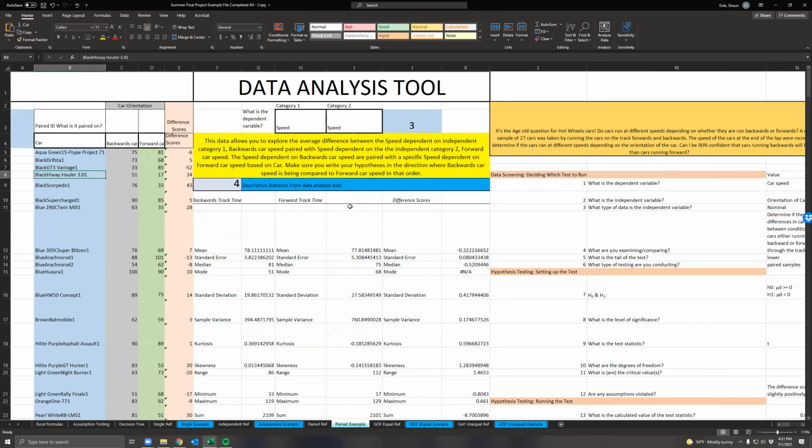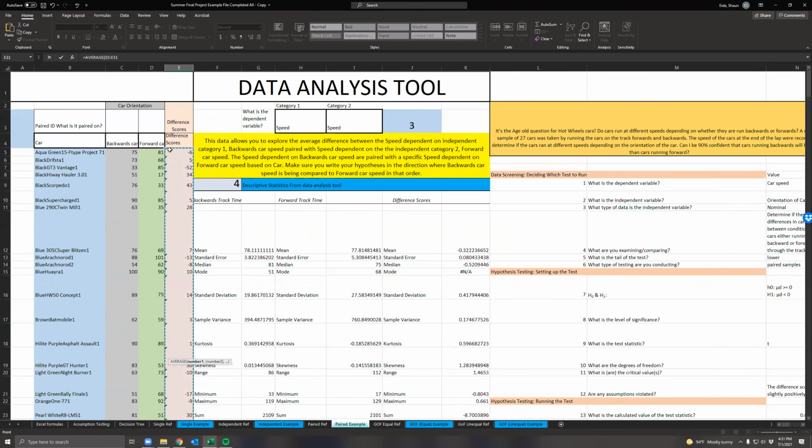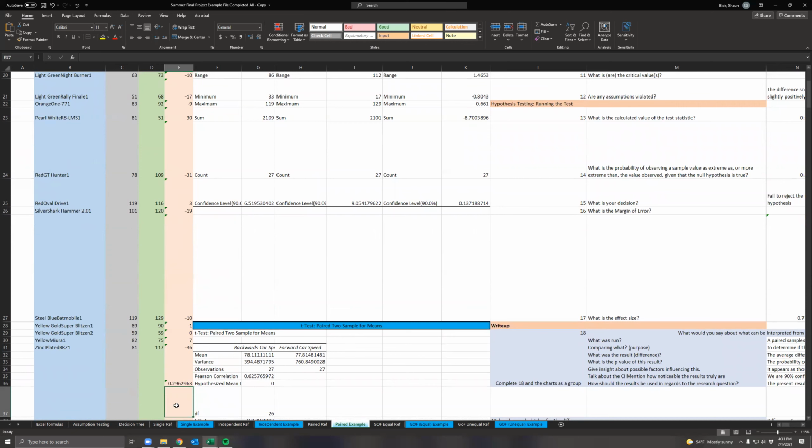But so we are actually comparing the difference scores, and we're wondering the average of all of the different scores. So I'm going to show you the average of the different scores is 0.2962.